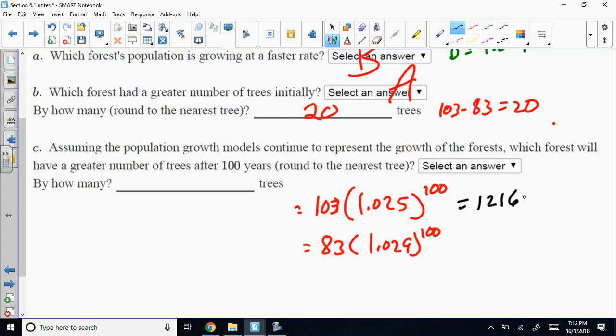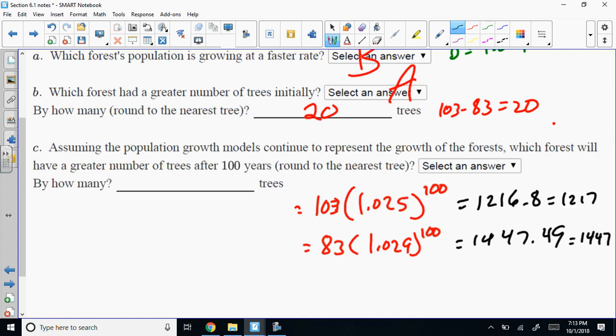Round to the nearest tree. Not even close. Well, there you go.